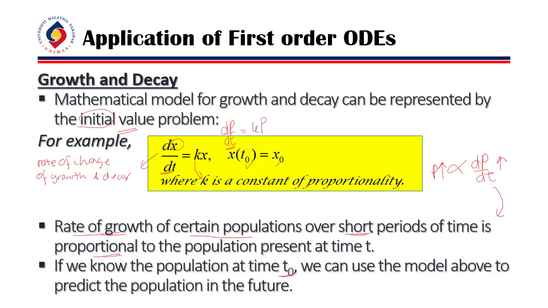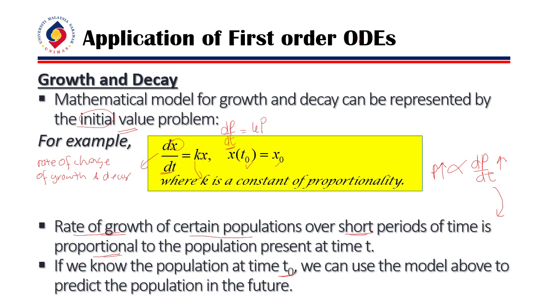So let's say this woman here, we call her A, married and got a son in 2020.